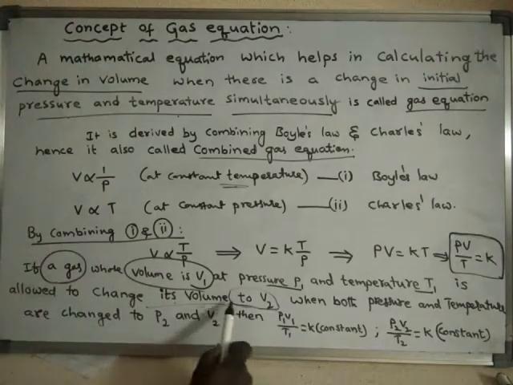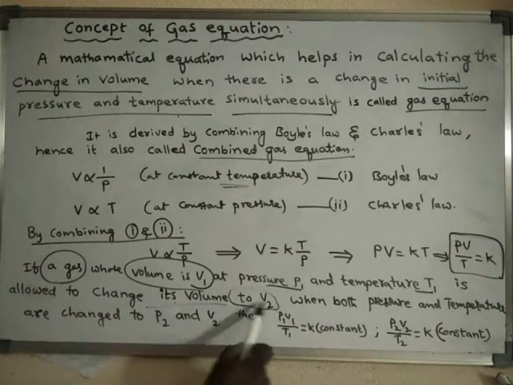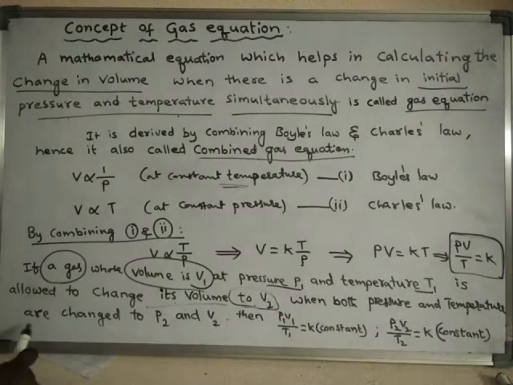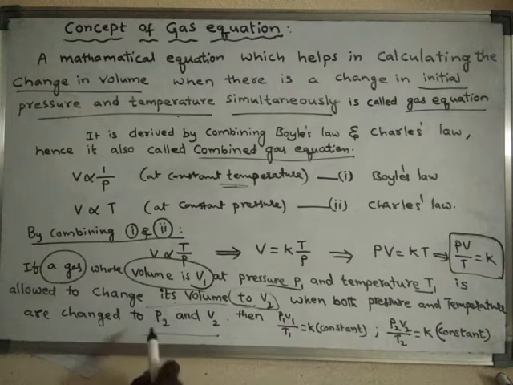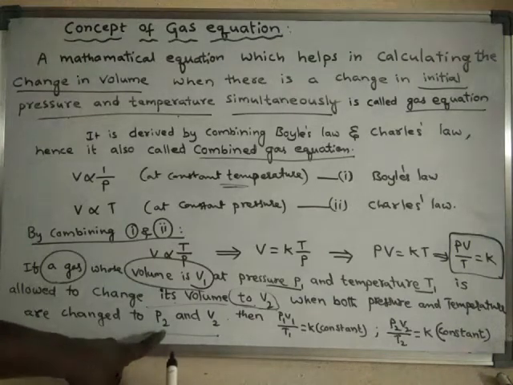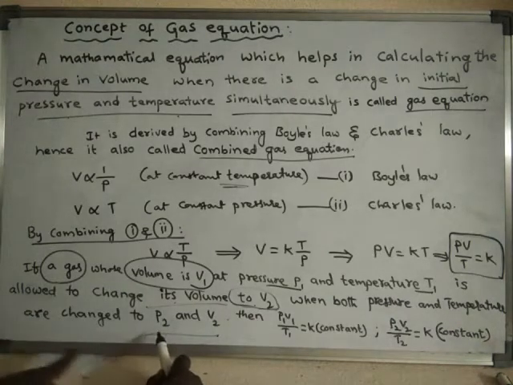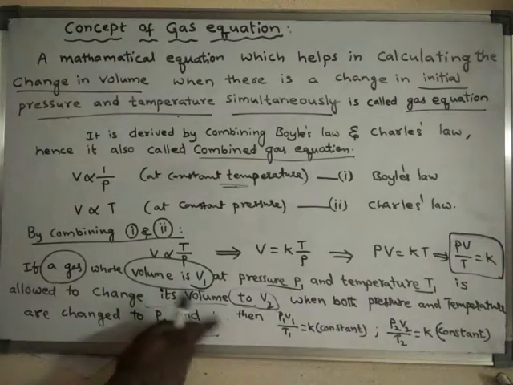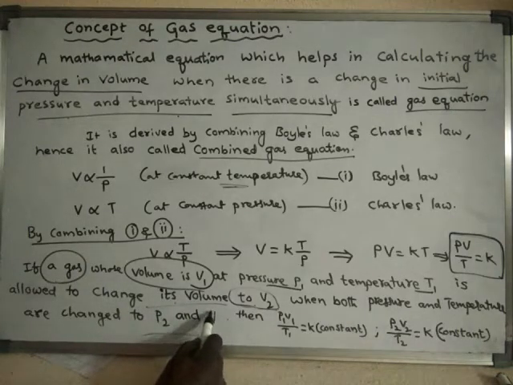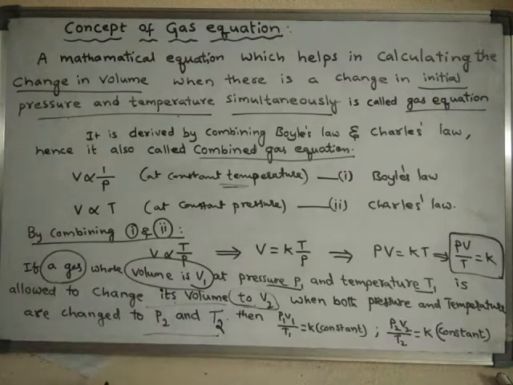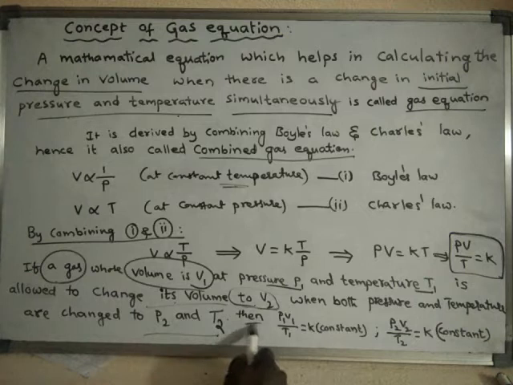The new volume is V2 when both pressure and temperature are changed to P2 and T2. If you change both the temperature and pressure of the gas, then compulsorily the volume of the gas will change.